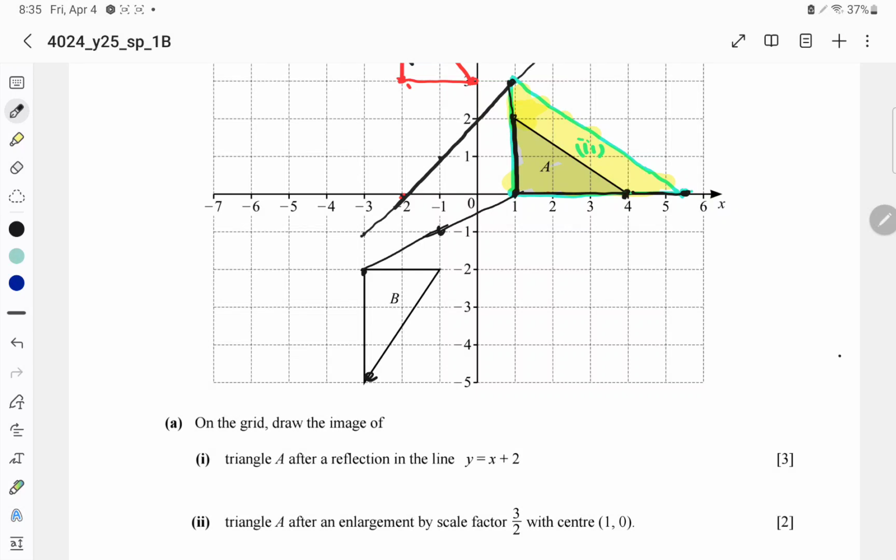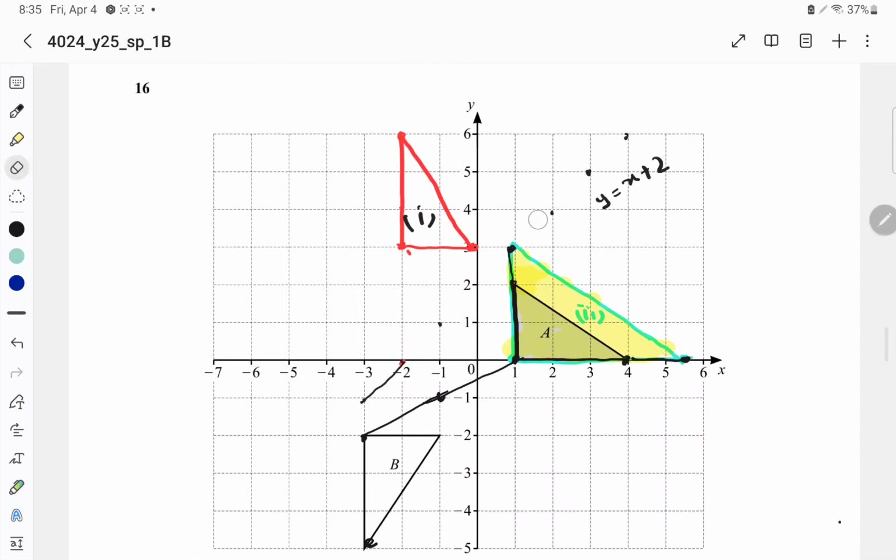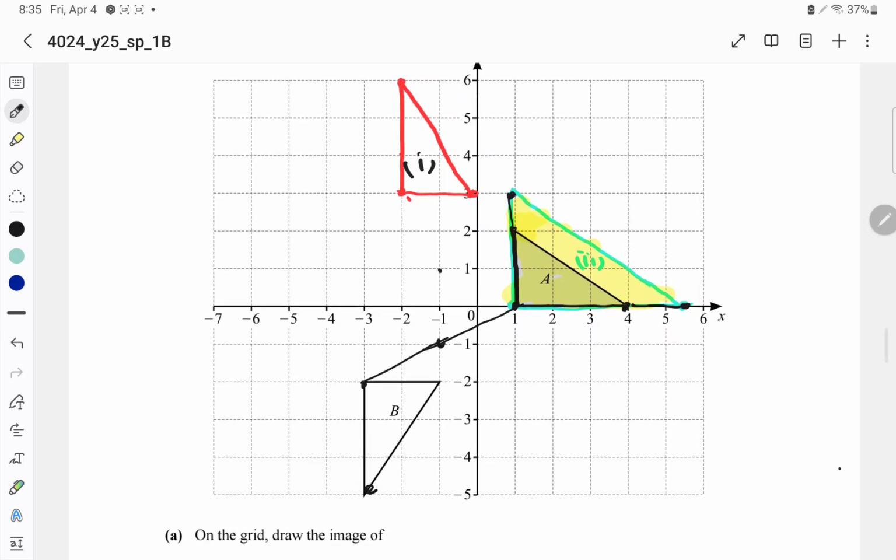The center is around here. Either take the compass or the protractor and make the angle bisector, line bisector, or make a 90 degree. Whenever we make the 90 degree, that is the 90 degree.